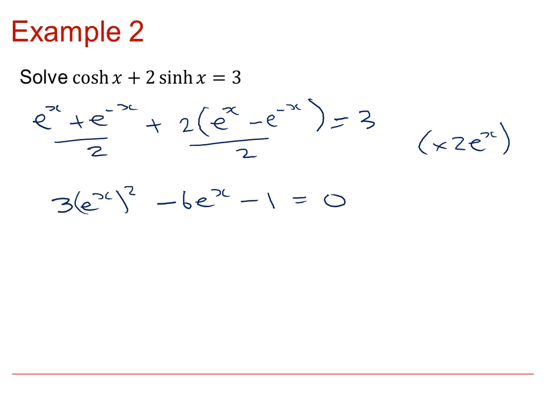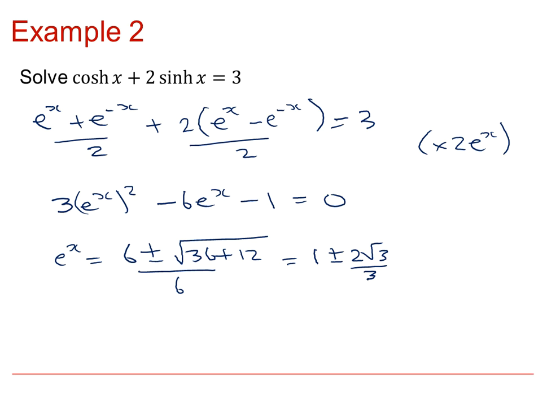So another quadratic, and we can solve this by a choice of method or even by calculator. Here I'm going to use the quadratic equation, which would give me 6 plus or minus the square root of 36 plus 12 all over 6, equal to 1 plus or minus 2 root 3 over 3.